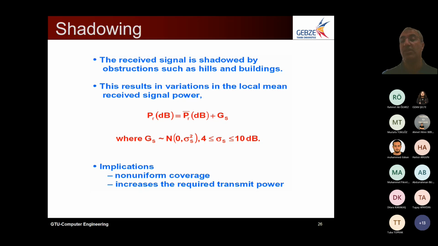The standard deviation of the shadowing effect can be between 4 and up to 10 dB. The consequence of this shadowing effect is non-uniform coverage. With non-uniform coverage, in some cases you need to increase the required transmit power, and you even need to come up with some adaptive transmit power mechanism.